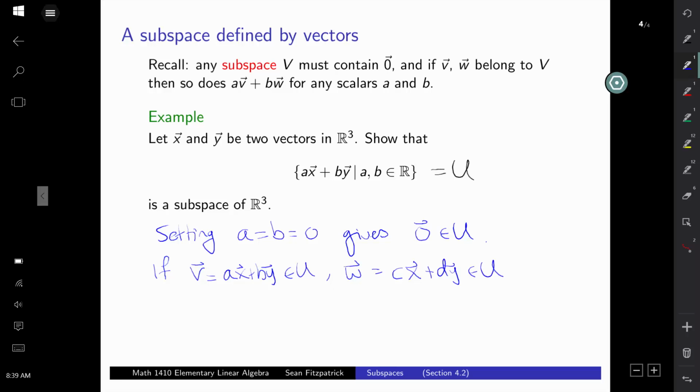So a, b, c, d here are all scalars. In this set U, I can choose any values that I want for these scalars a and b, so c and d might be different from a and b.